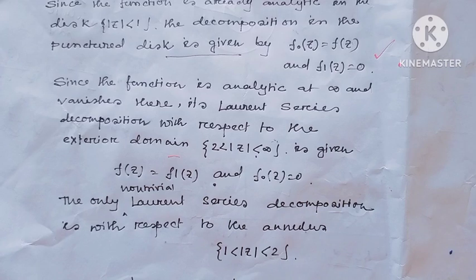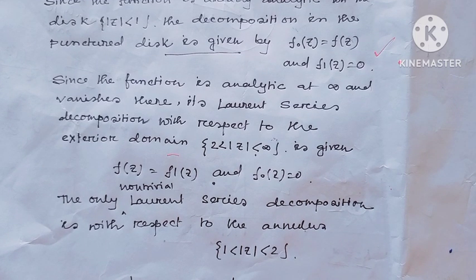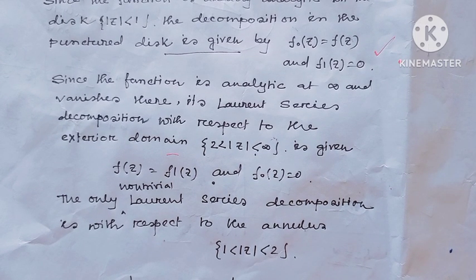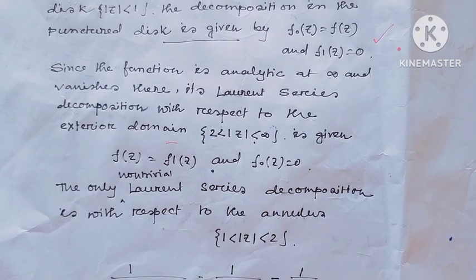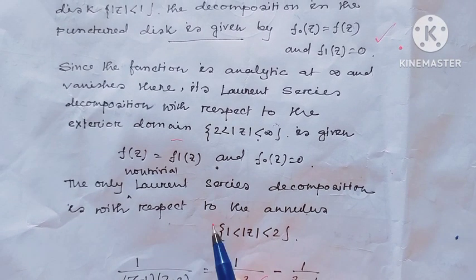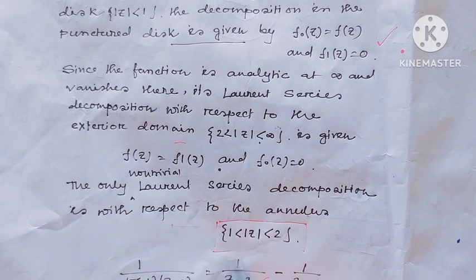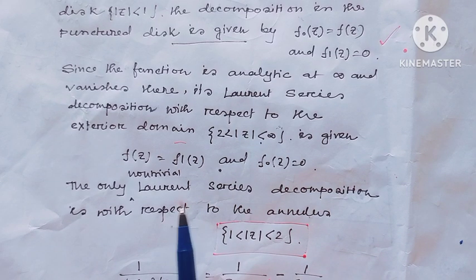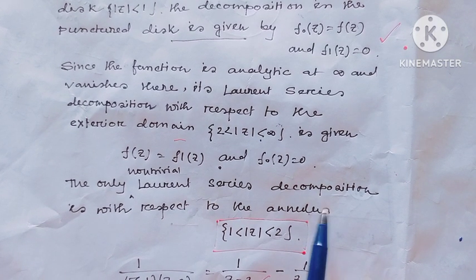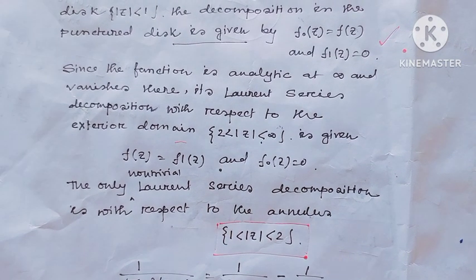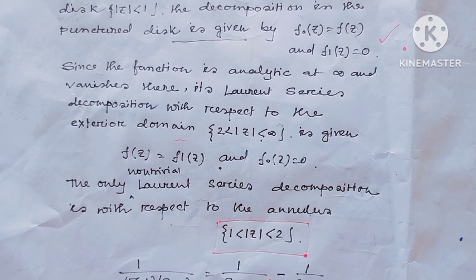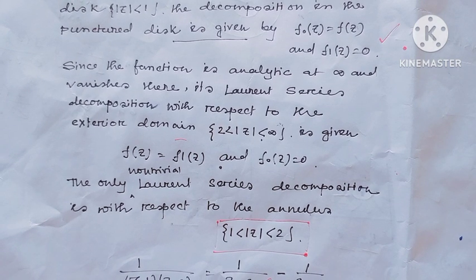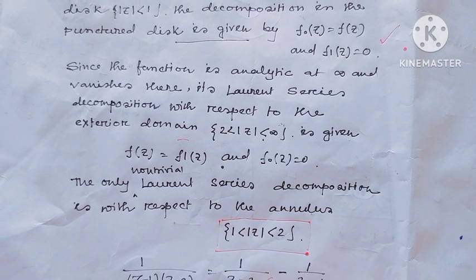That means the only non-trivial Laurent series decomposition is with respect to the annulus 1 less than mod z less than 2. In this region, there exists only the non-trivial Laurent series decomposition. I hope all my viewers have understood. Now I will see how the non-trivial Laurent series decomposition looks in this region.